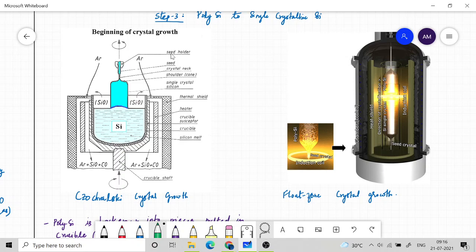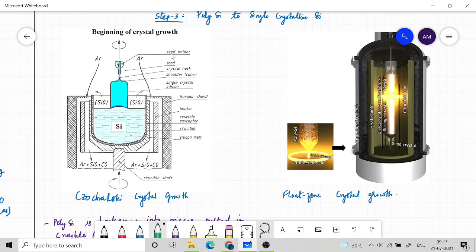That will not be part of the polysilicon; it will be an earlier obtained portion of the crystal, and it needs to be aligned properly depending upon what surface you want to create in the wafer. If the wafer requires the 100 plane, then your seed material should be aligned so that vertically the direction will be 100.